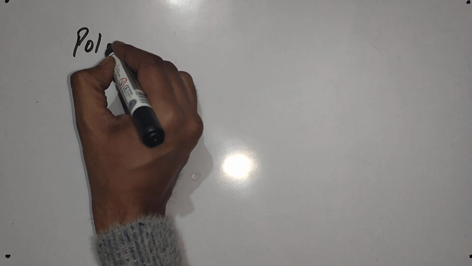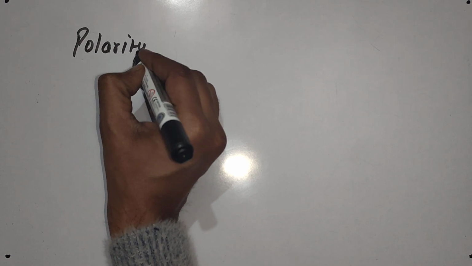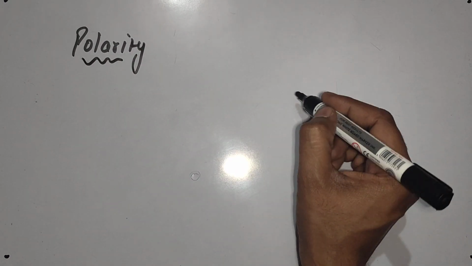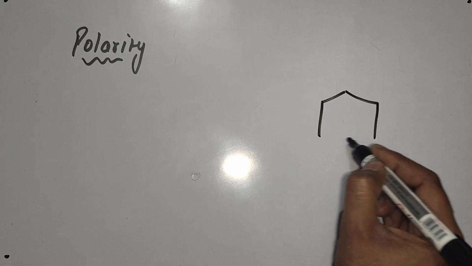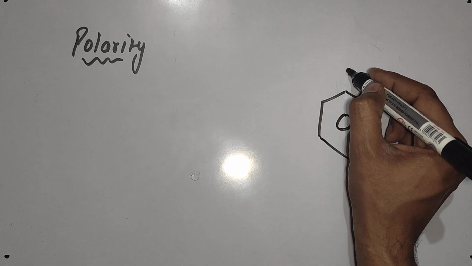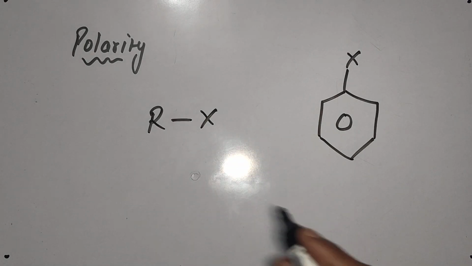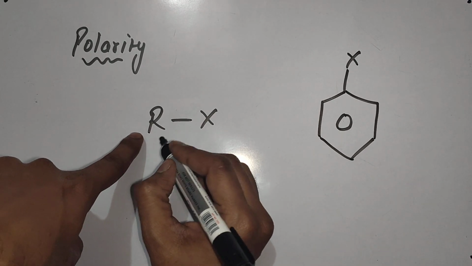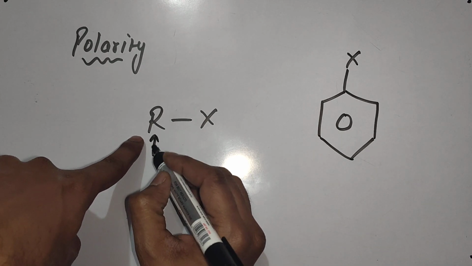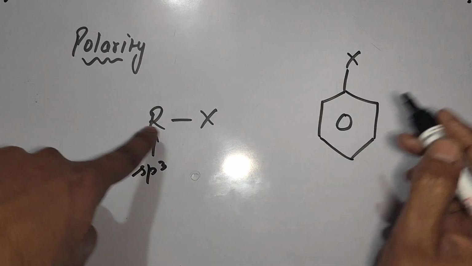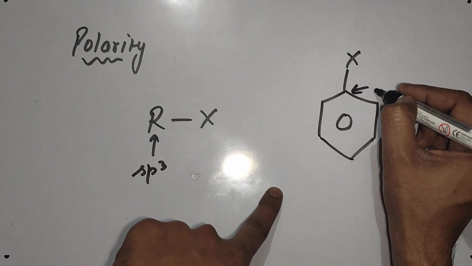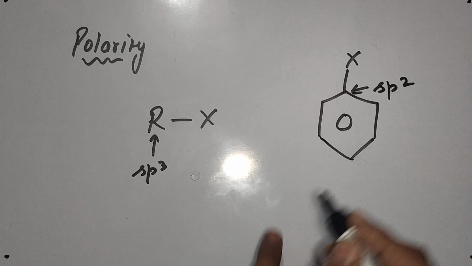Polarity. Whose polarity? Let's compare. This is haloarene and this is haloalkane. Now we know, right now I said this carbon is sp3 hybridized and this carbon is sp2 hybridized.